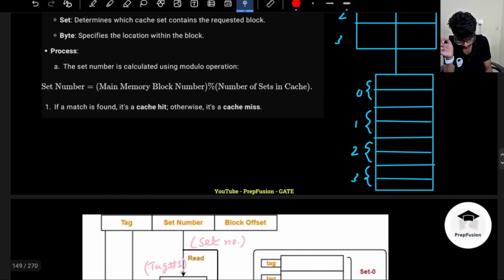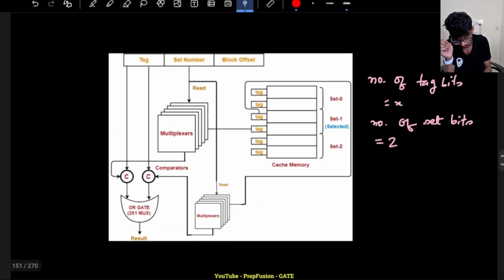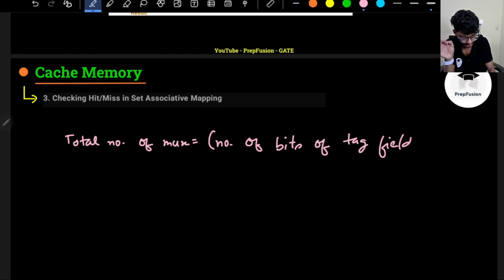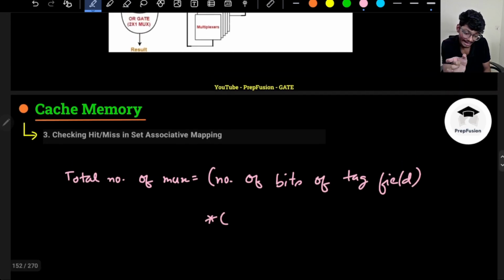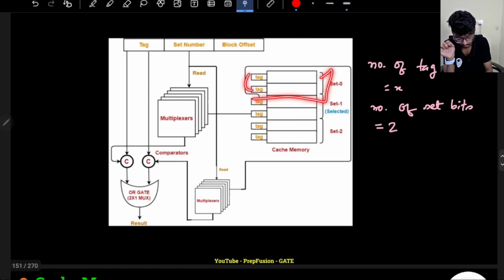And here, whatever is the number of bits of the tag field will already be there, into the number of tags in each set. In a set, how many tags do I have? Currently in each set I have 2 tags, so I will need 2 muxes. Why will I need 2 muxes for each set? Because I have to compare all of the tags, right?